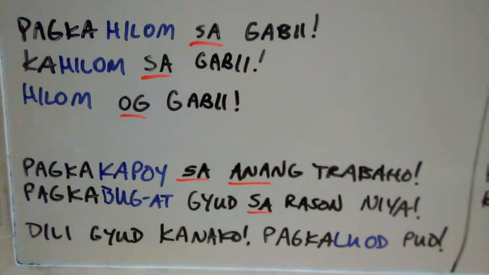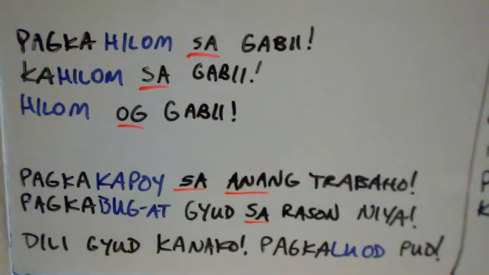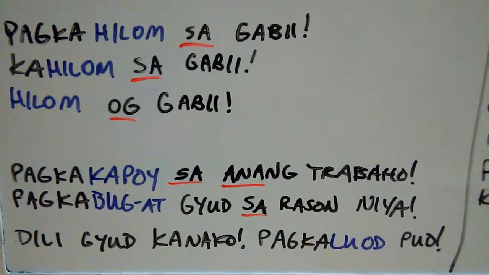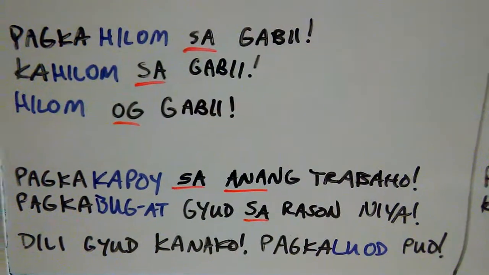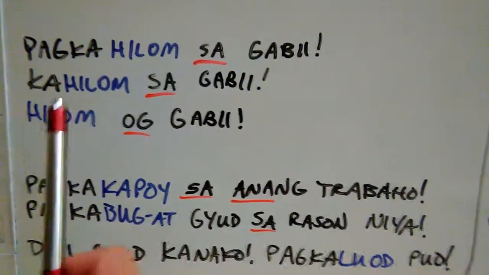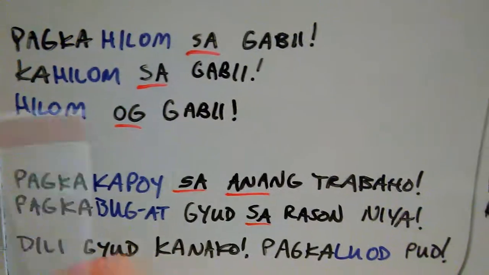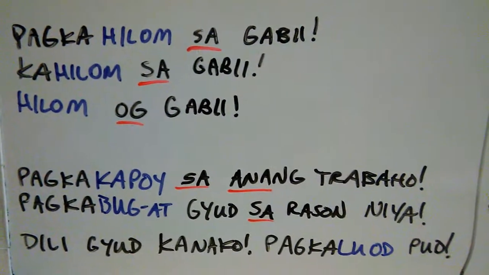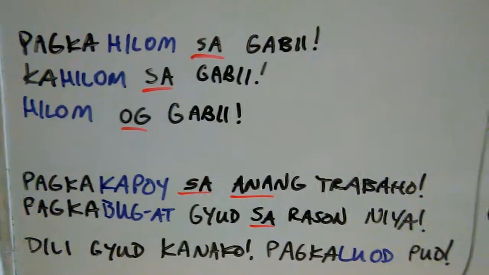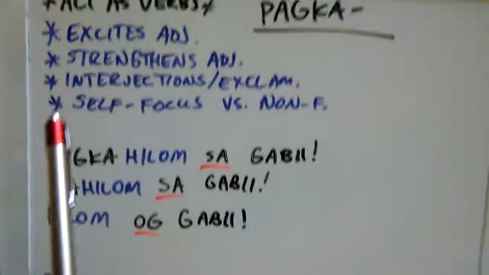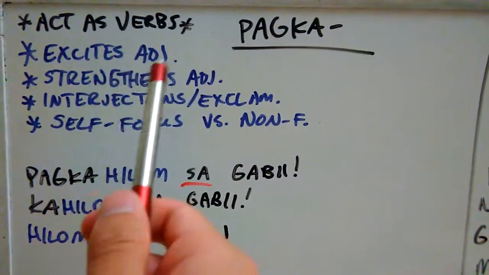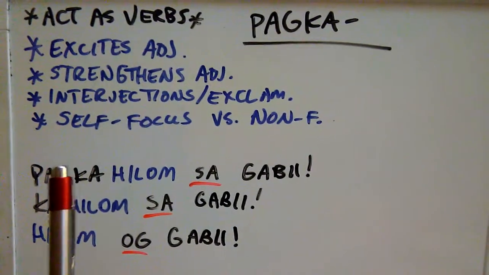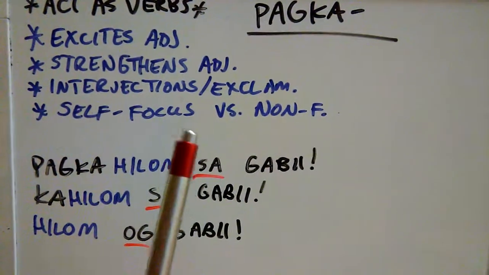If you don't want to use pagka, you can just use the adjective itself, and it acts as an imperative by itself, right? Same with verbs. You don't have to put pag before the verb, you can just say the root word itself, and it's an imperative form. So adjectives act as verbs. They're similar in the way that they act as verbs, in the way that they conjugate as well. So keep that in mind, okay?